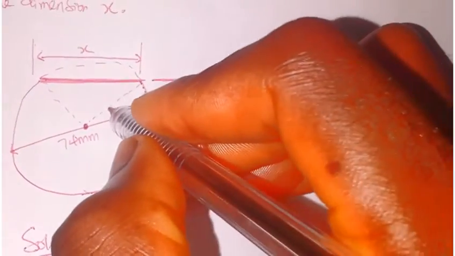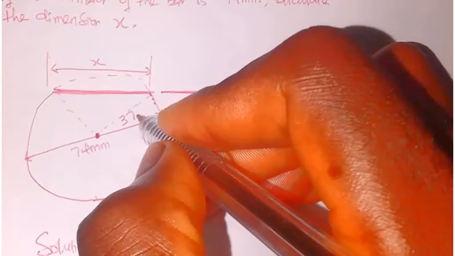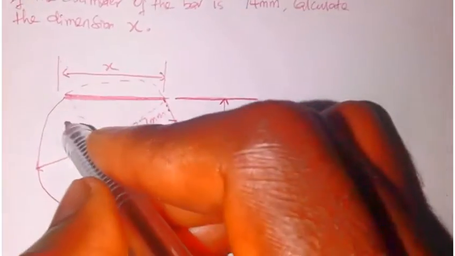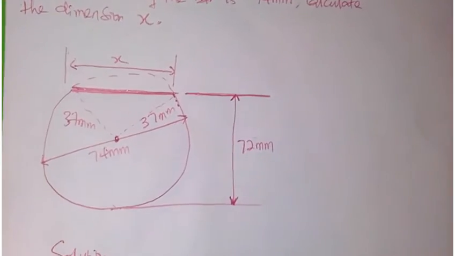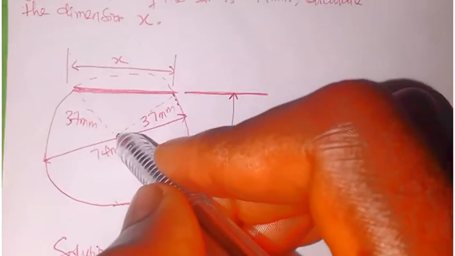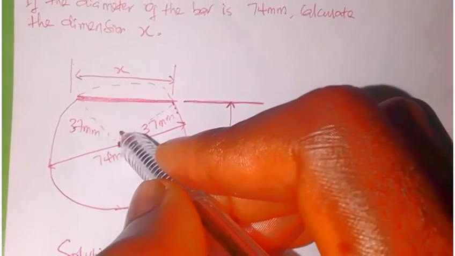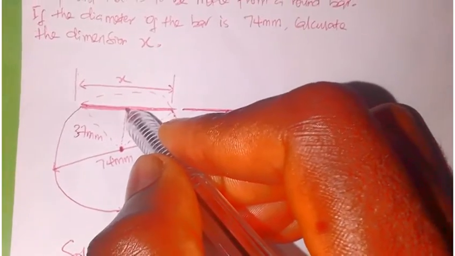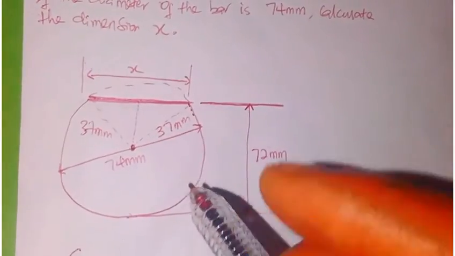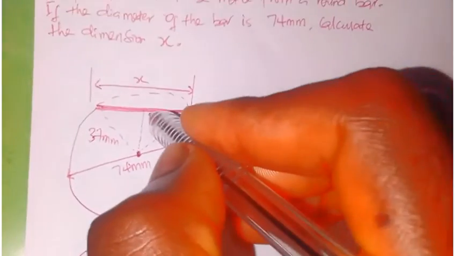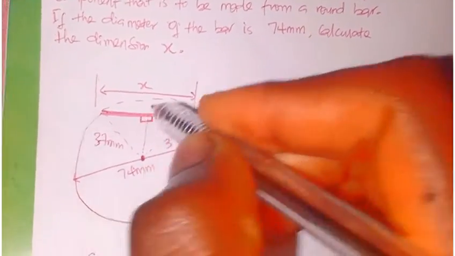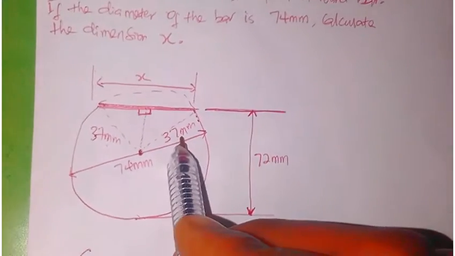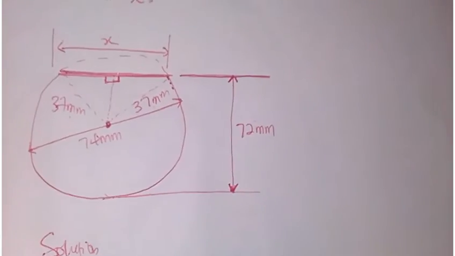So let's put 37 here and 37 here. Now if I dissect this into two, down to the chord, I will have my height, which makes this place an angle of 90 degrees. Why? Because this is 37, this is 37, an isosceles triangle.